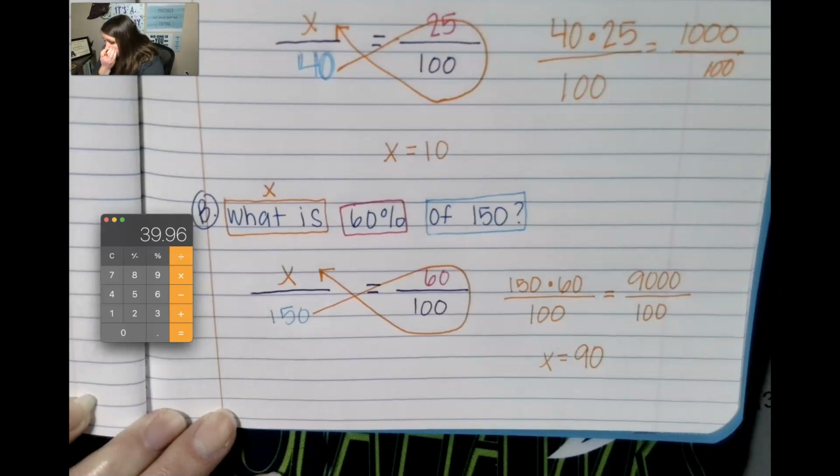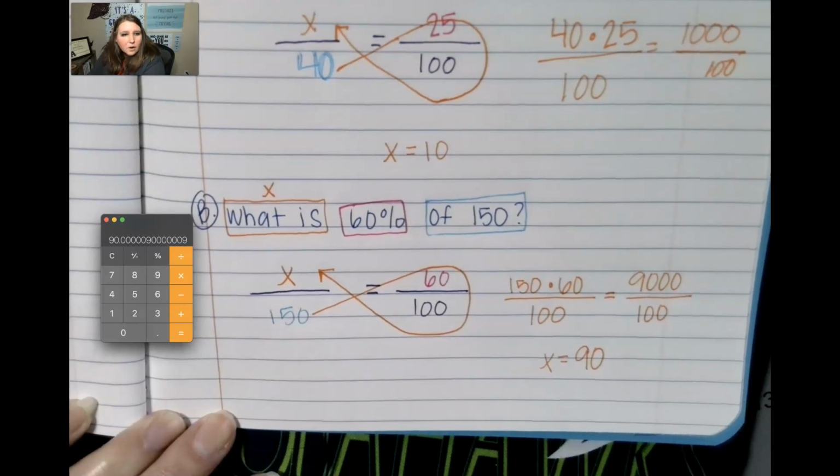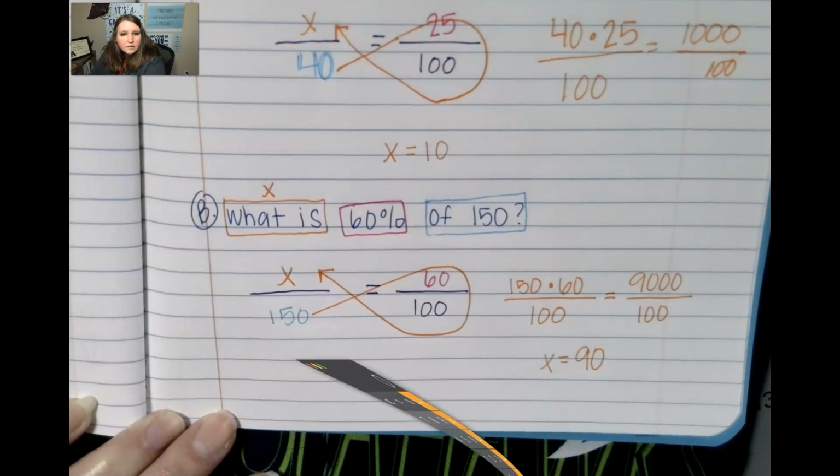And that would give us, what did I do? Oh, I divided. There we go. 90.00000. Okay, so there's that problem. So whatever I do to the top, I do to the bottom.